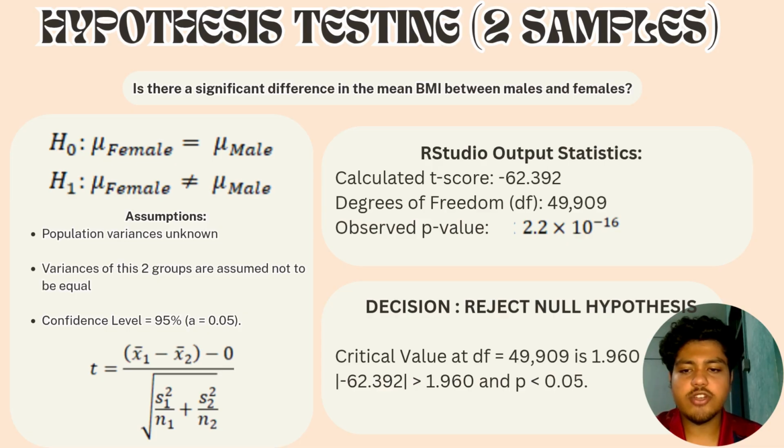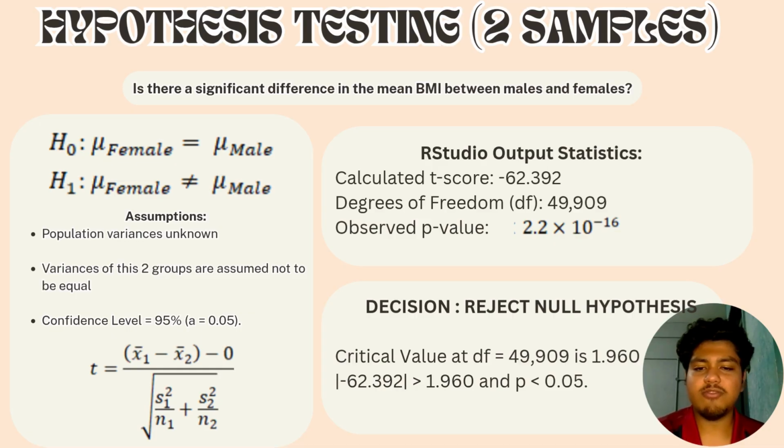If we check a traditional statistical t-table, the bottom-most row is for large samples, and for a two-tailed test at 0.05 alpha, our critical boundary value is plus or minus 1.960. So our final decision is to reject the null hypothesis, because the absolute value of our calculated t-score, 62.392, sits way past our critical value of 1.960.